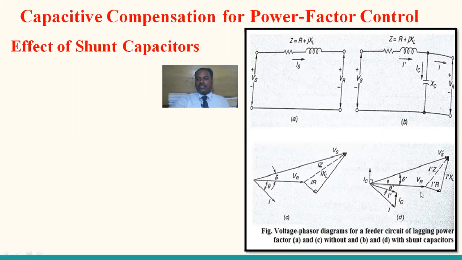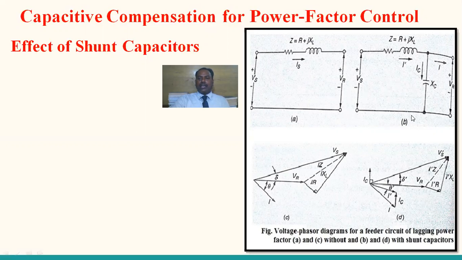You can represent the resistive drop, the reactance drop, and the impedance drop as usual. The receiving end voltage plus the drop of the section will give the sending end voltage. So here the power factor angle is changed from phi 1 to phi 2.